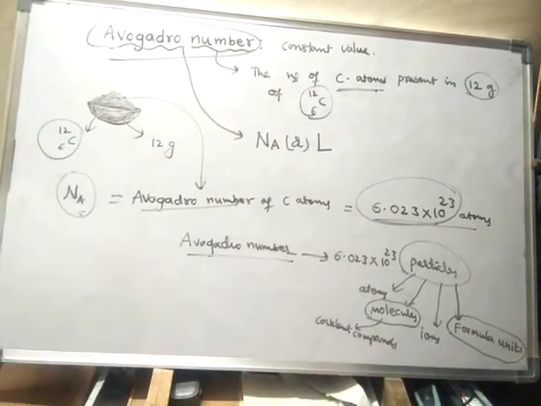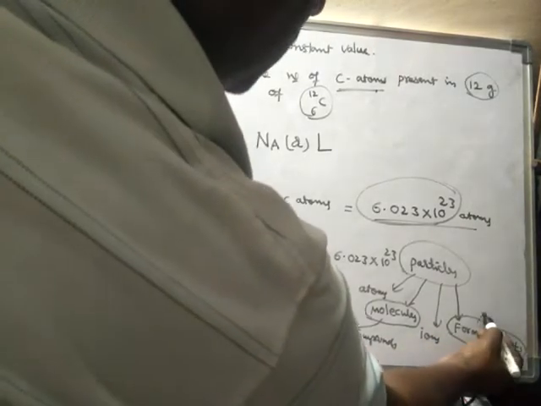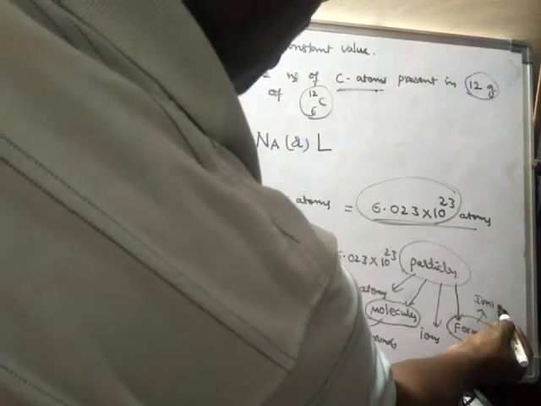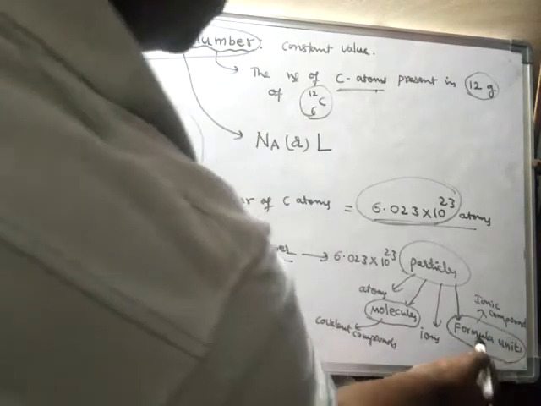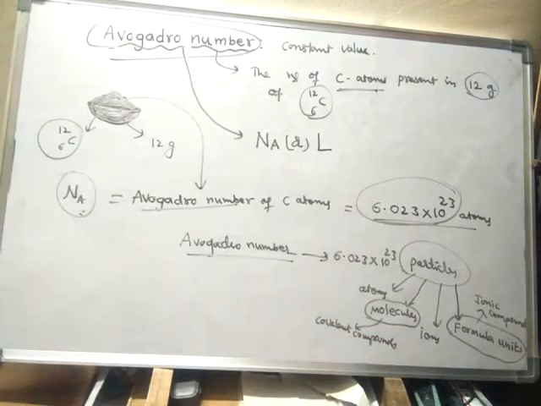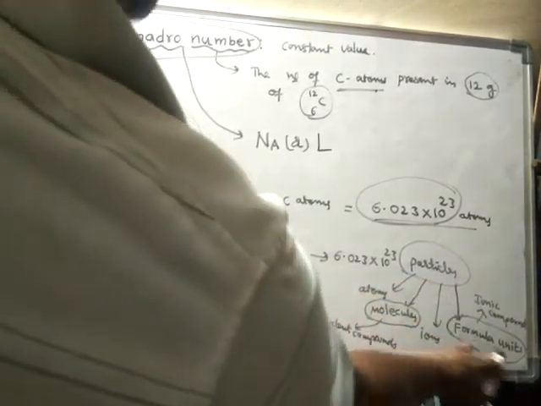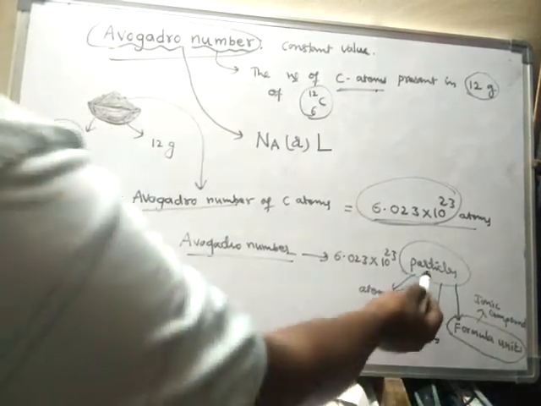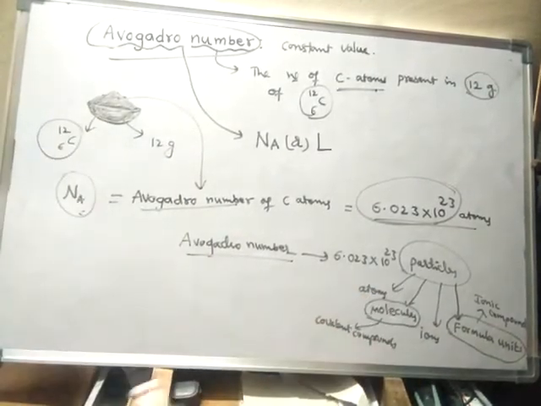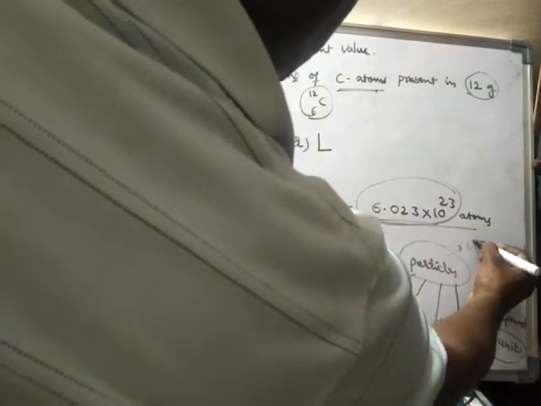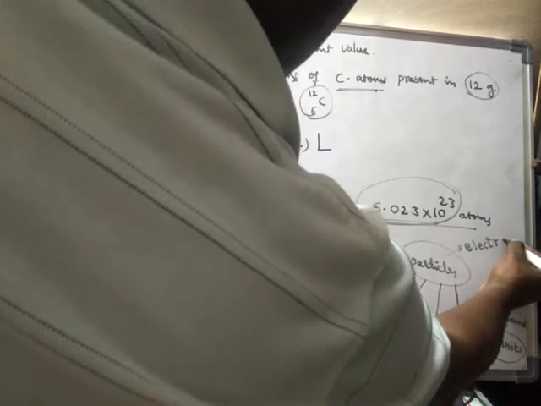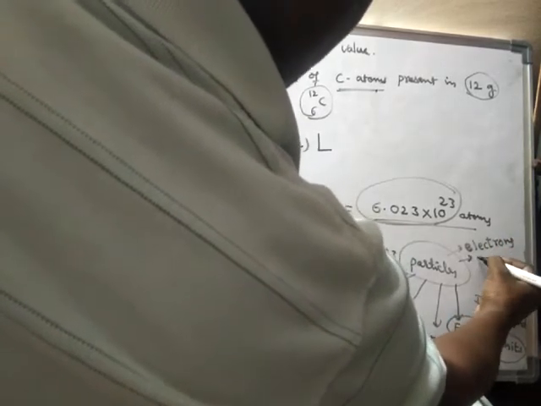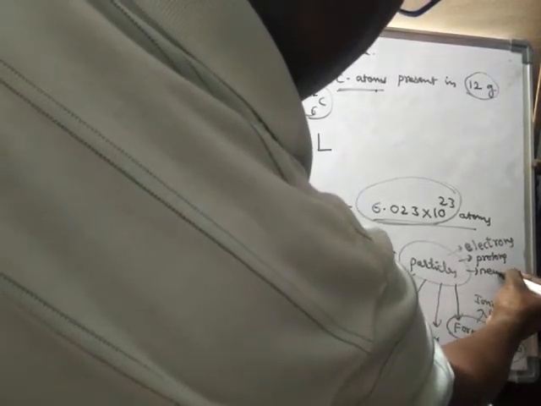For ionic compounds, instead of the term molecule, we use the term formula units. These particles may also be electrons, or protons, or neutrons, etc.